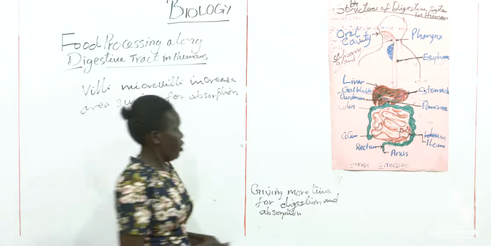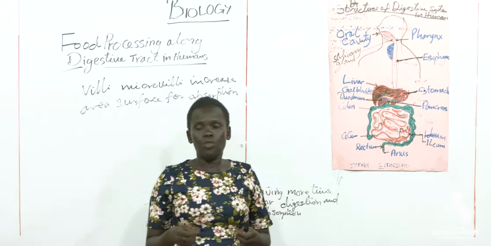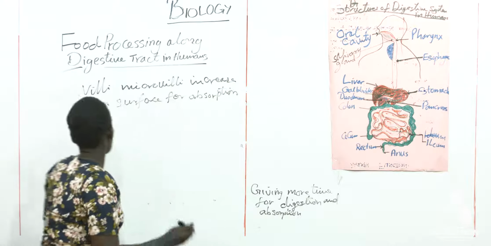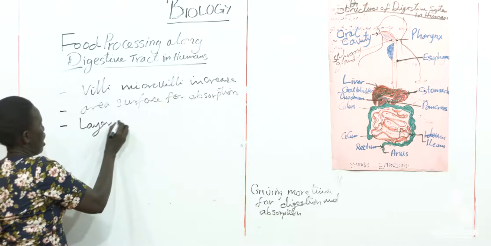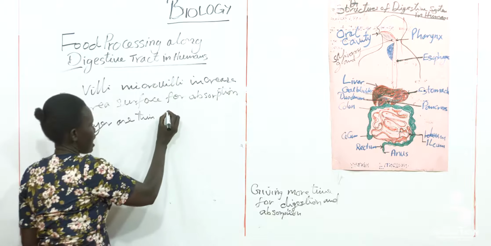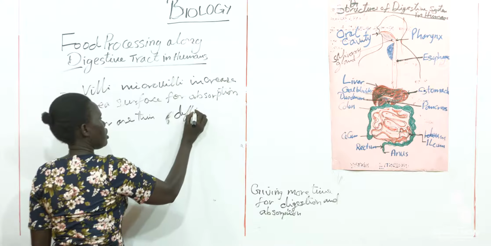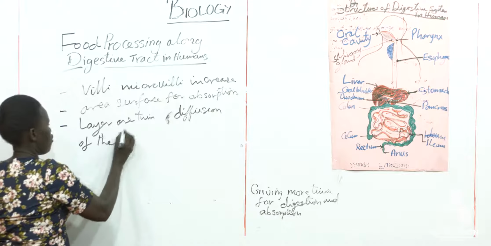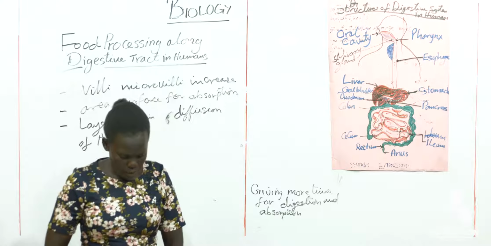The layer of the small intestine is very thin to facilitate the diffusion of the digested food, the nutrients, into the cells.